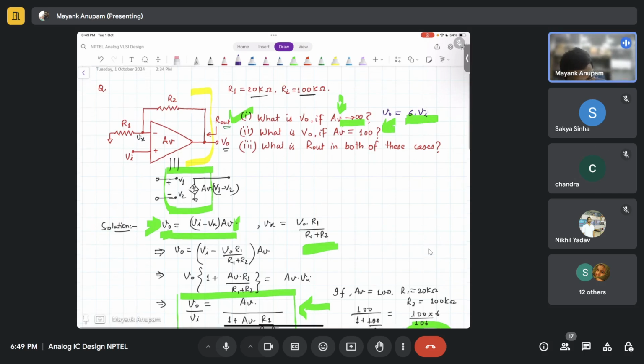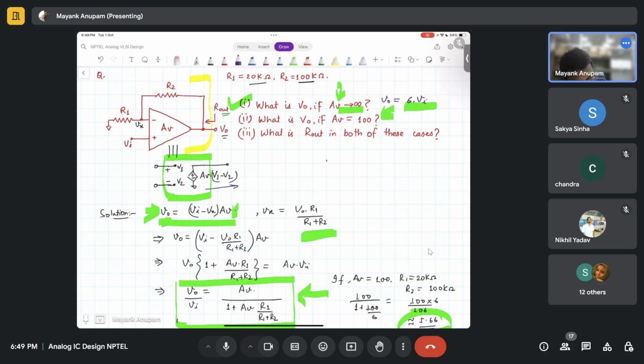This is the equivalent circuit, the same circuit.